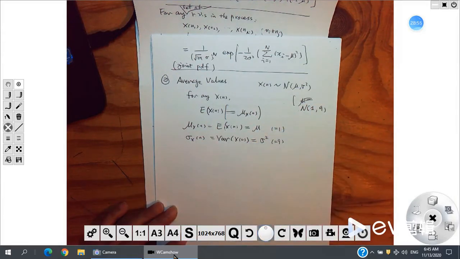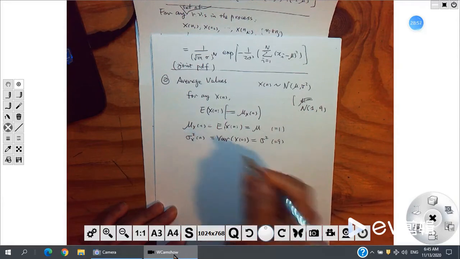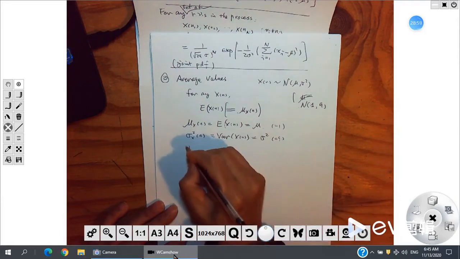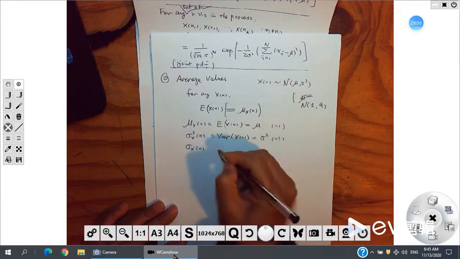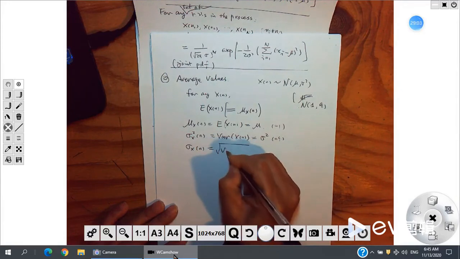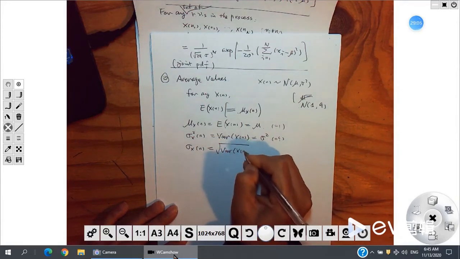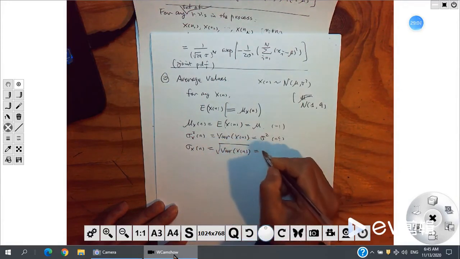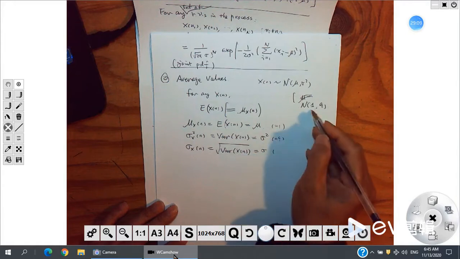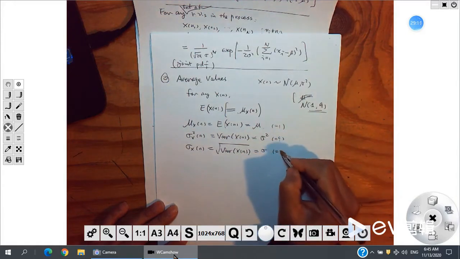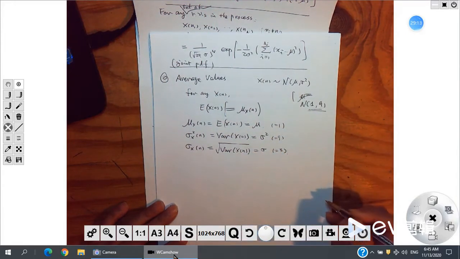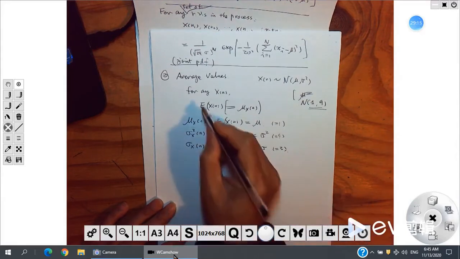Alright, now sigma square, right? Not the square. And if you want sigma x, that will be the square root of variance. That will be just sigma. Now for this case, it will be 3. Okay, this is for a single one, for any one.